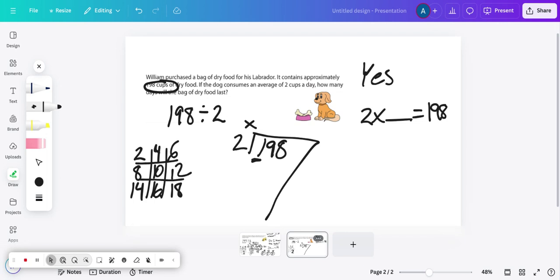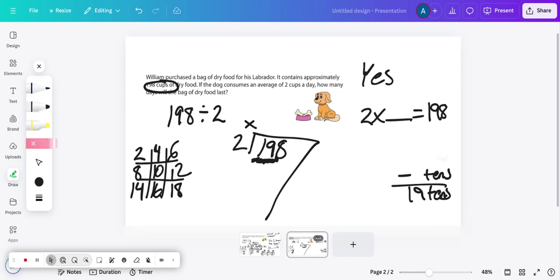Since we only have 1, that's not going to be enough. So we're going to have to unbundle that 100, and 100 is going to equal 10 tens. And since we already have 9 tens, we're going to add those together, and that's going to give us 19 tens. So we're really focusing on this number 19 right here.